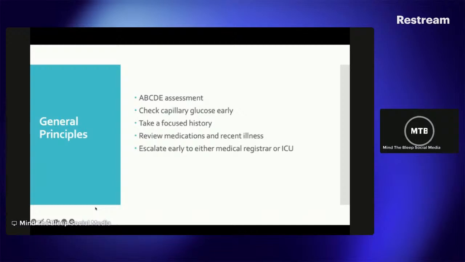Another important thing I want to highlight is that you should always escalate to a senior if you're concerned, as nobody expects you as a foundation doctor to manage these scenarios on your own. But just do the above steps of initially assessing the patient, taking a focused history, and reviewing any potential causes that can be fixed there on the spot.